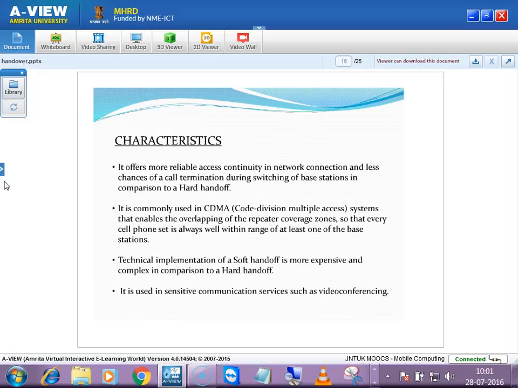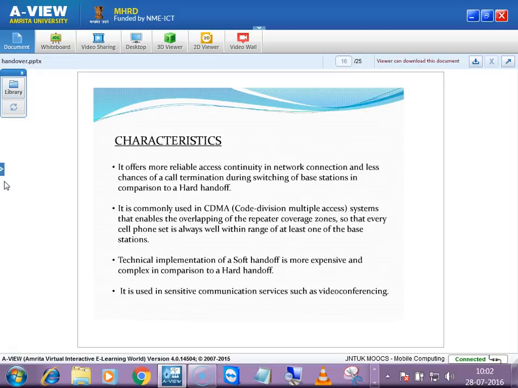So we'll be using repeaters at every instant so that they repeat the same thing, amplifying it and sending it out, so that the signal reaches the destination. So that a cell phone set is always well within the range of at least one of the repeaters. Technical implementation of a soft handoff is more expensive than hard handoff.